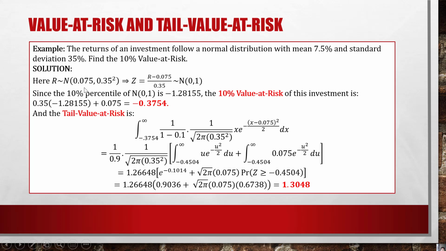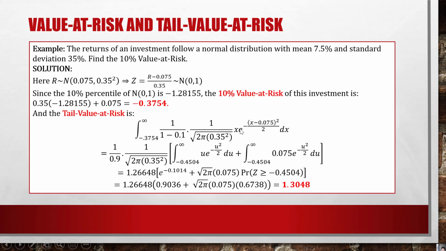Here the distribution is 1/sqrt(2 pi sigma squared), which is 0.35 squared, times e to the negative (x - 0.075) squared over 2 sigma squared. See that? So this is how we calculate the tail value at risk. For any constant, we shift it to the front. So I shift 1/0.9 and 1/sqrt(2 pi 0.35 squared) to the front.